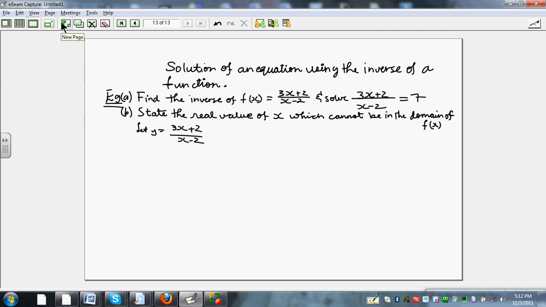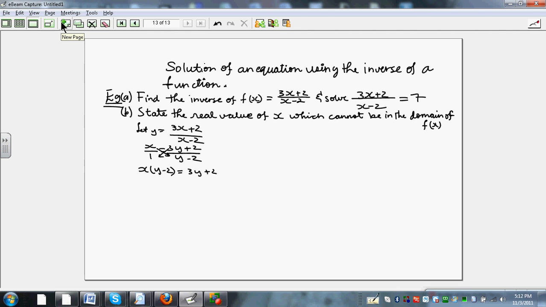And then we interchange x and y, so x over 1 would be equal to (3y plus 2) over (y minus 2). That was the second step, you interchange. Then the third step in this case would be to cross multiply. So if we cross multiply x by y minus 2, and then 3y plus 2 by 1, we'll get x multiplied by (y minus 2) is equal to 3y plus 2, because we did cross multiplication like this.